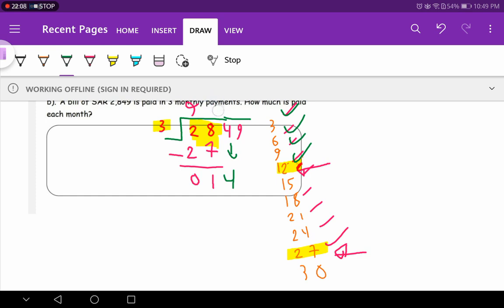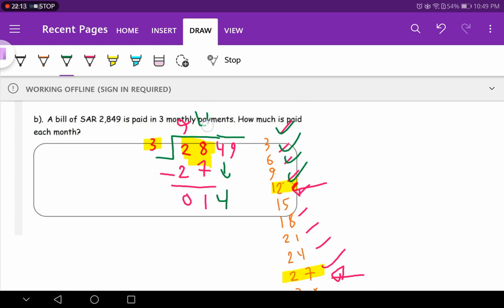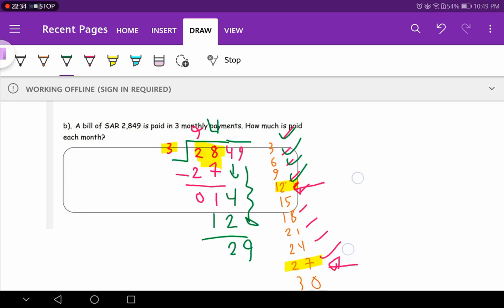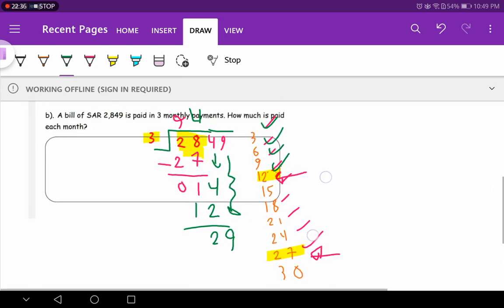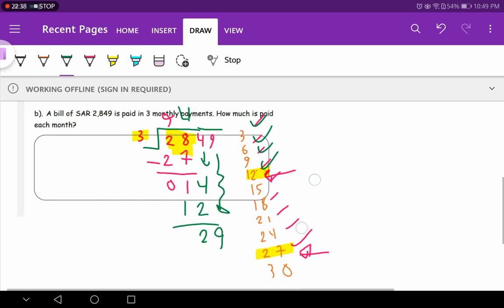We put 4 here. 4, please come. Okay. Now it works. Now I put the 4 here and the 12 under the 14. 4 minus 2 equals 2, 1 minus 1 equals 0, and I prefer to say 14 minus 12 equals 2, and we're done. Okay, now the 2 looks up and asks the 9, come please, I need your help. Okay, it is 29. Yes, are we good? I hope so.